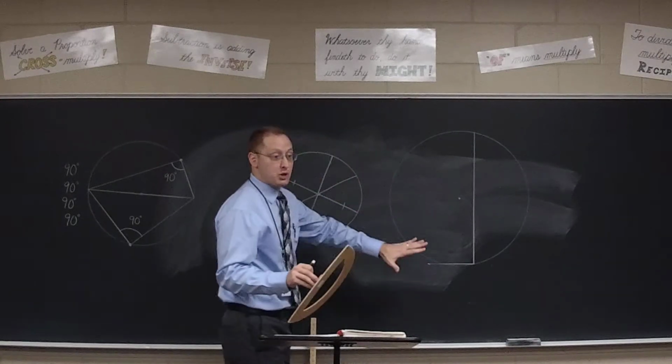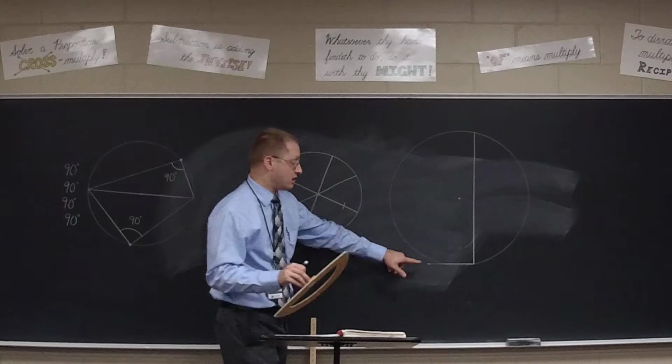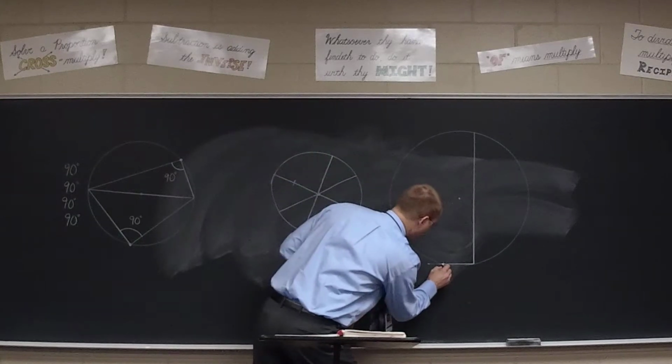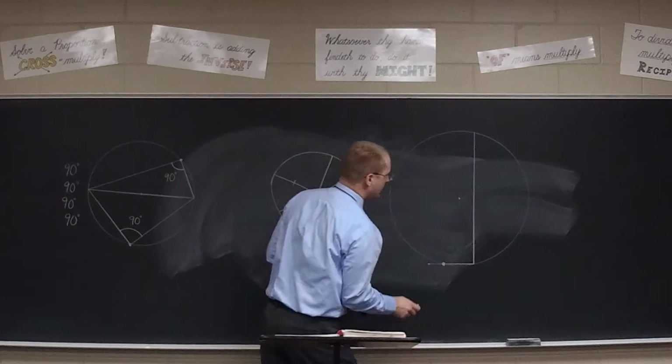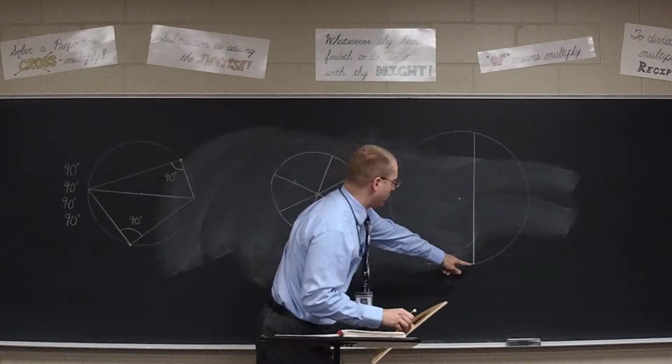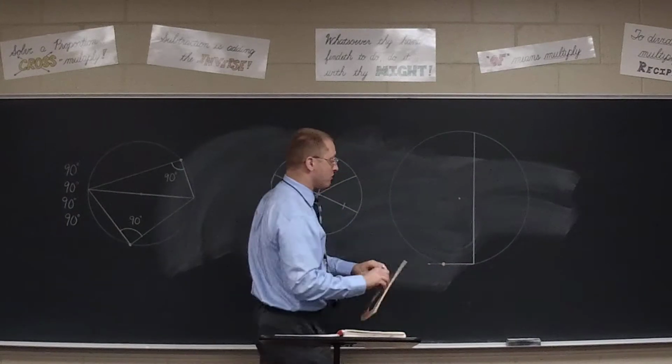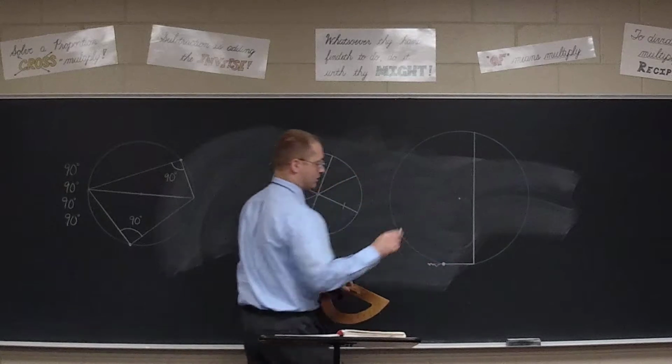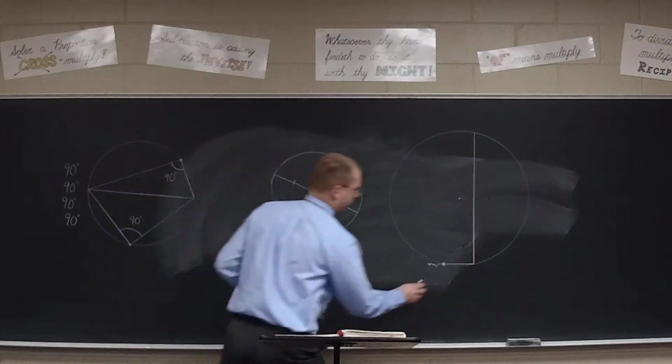Now, my 90-degree angle cut outside the circle, as you can see here, but it touches the circle right here, okay? So find the point where your right angle hits the circle so that you've got another chord. I'm going to scribble out the excess. So, a perpendicular chord, if you will.